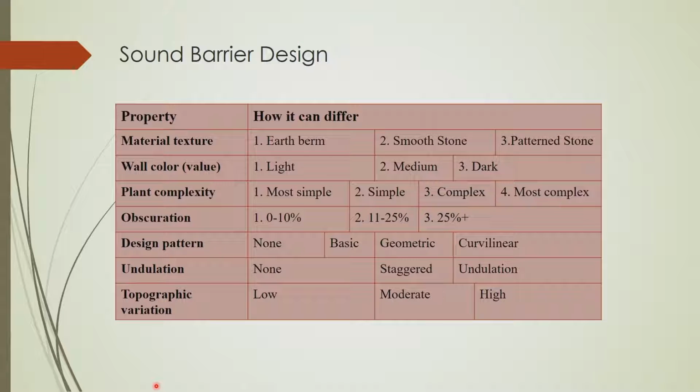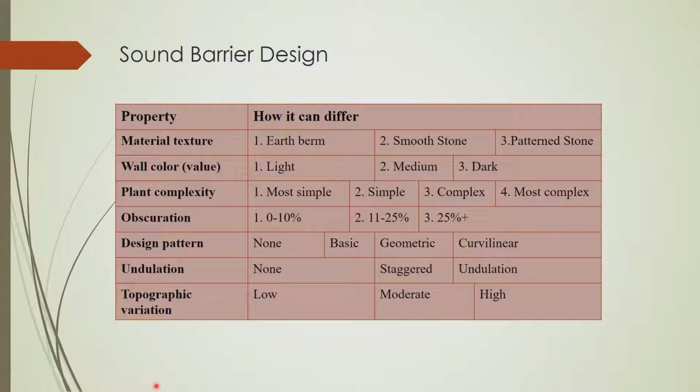So now you can see with all of this, we have a fairly complex design language, and we've sort of simplified it here. In material texture, we simplified it down to earth berm, smooth stone, and pattern stone. As I said, color values just light, medium, dark. Plant complexity, since we're working with a landscape architect who cares about this, they defined 4 flavors of plant complexity, which is fine with us. We don't care.